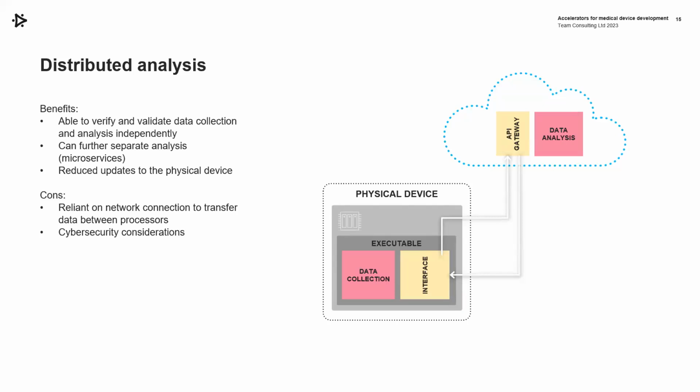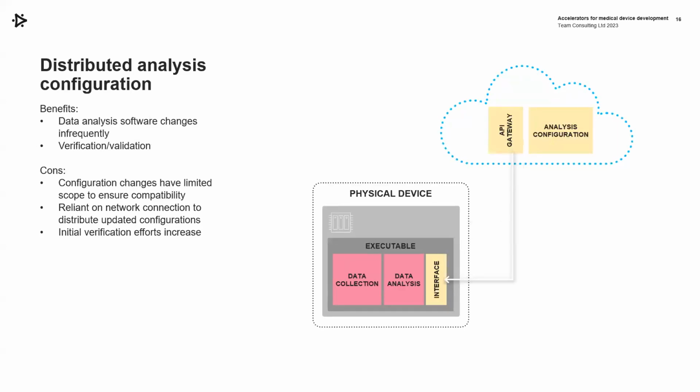And all of this means that for some applications, it may not really be a suitable architecture, but it's one that could be considered. The final, more hybrid option really is looking at distributing the configuration of our analysis such that the software on board our device changes less frequently, but can be told about new analysis methods more frequently.